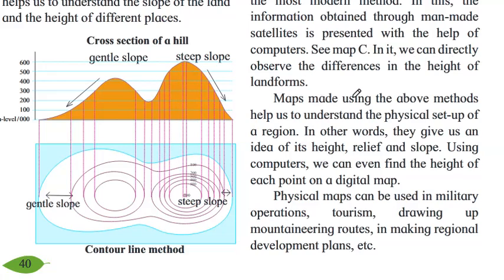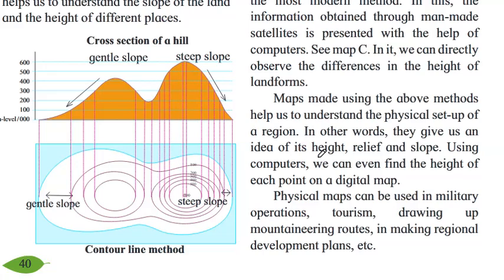Maps made using the above methods help us to understand the physical setup of a region. In other words, they give us an idea of its height, relief, and slope.